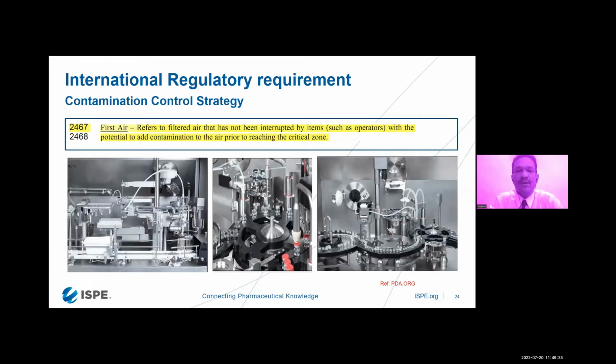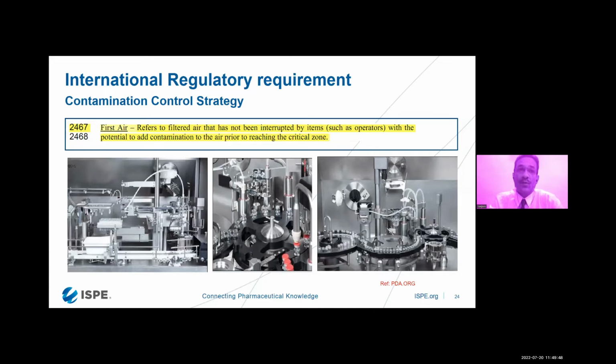So when we talk about the filtered air that has not been interrupted, that means we should have a unidirectional laminar airflow module with a velocity of 0.45 meters per second, plus minus 20%.